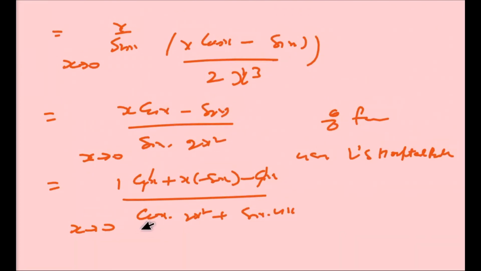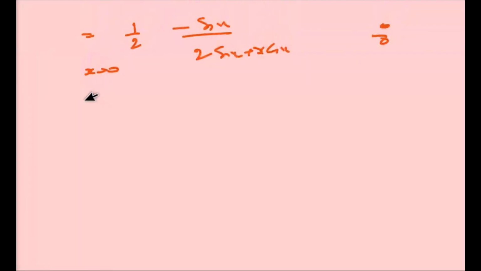Now after simplifying this, we get minus x sin x upon 2x sin x plus x cos x... It is again 0 upon 0 form, so we can use again the derivative of this, minus cos x upon 3 cos x minus x sin x.